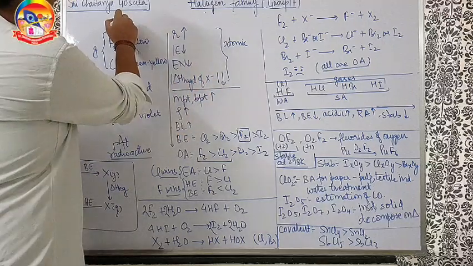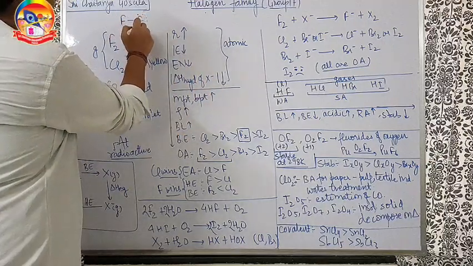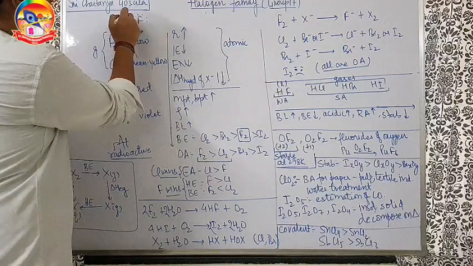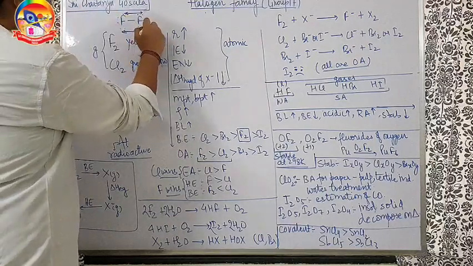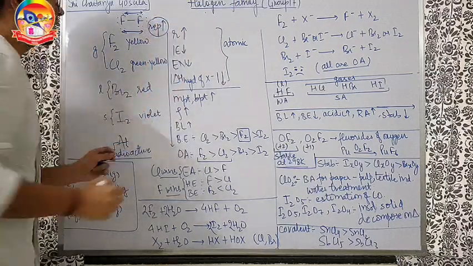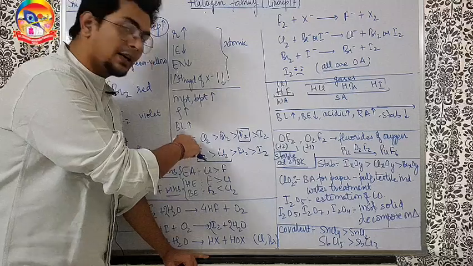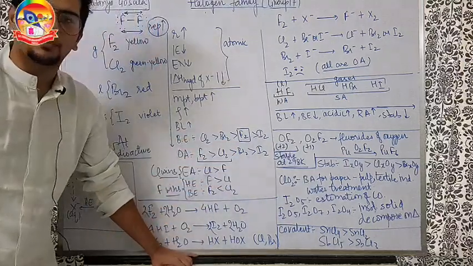It is so small that when two fluorine atoms come together, the electrons also come very close to each other, and there is a huge repulsion. Due to that huge repulsion, it becomes easy for fluorine to break the bond.